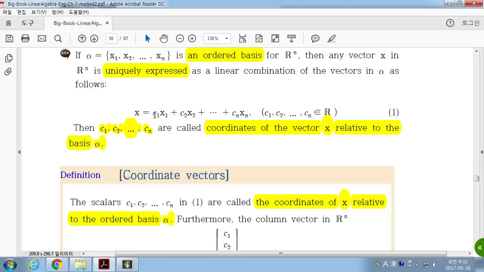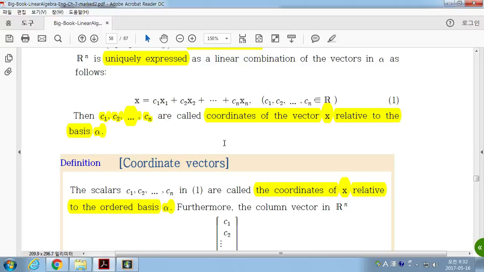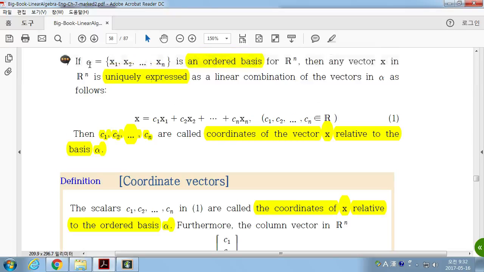We have learned this unique expression already in the earlier section. Those coefficients ci are called the coordinates of the vector x relative to the basis alpha.